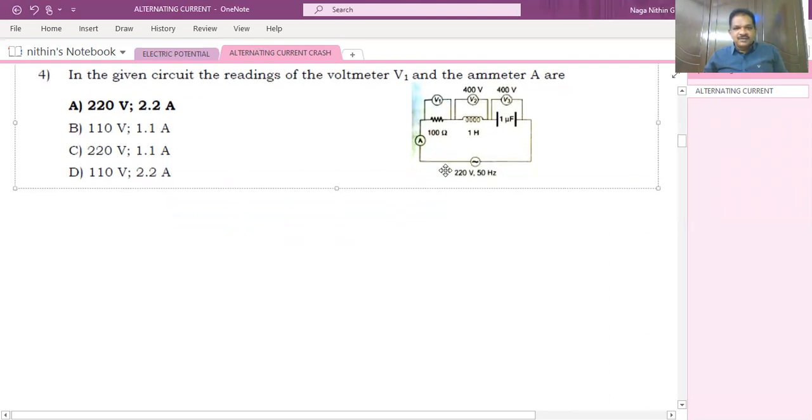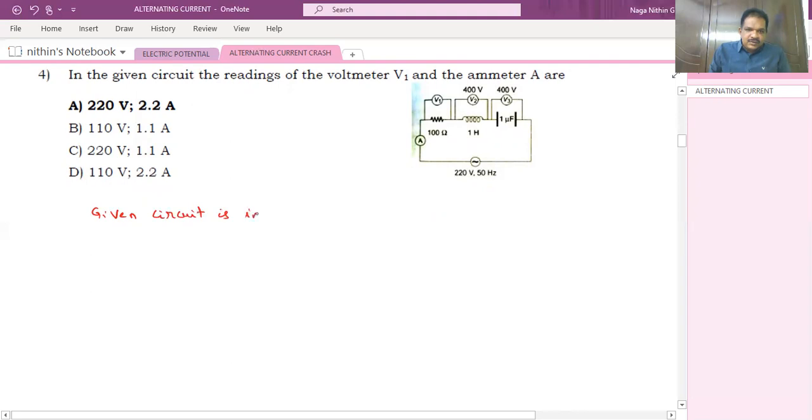At resonance, the voltmeter reading V1 across the resistor will be equal to the applied voltage. So write down: given circuit is in resonance. At resonance, V is equal to V1, that is VR.